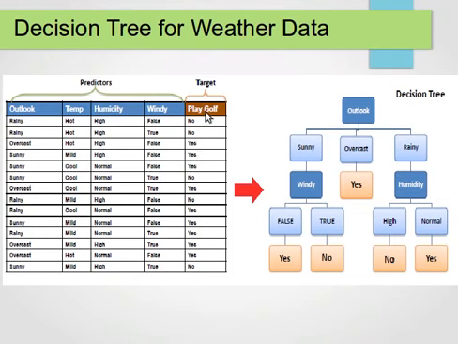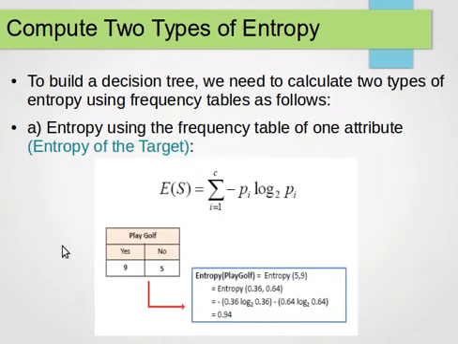Now we compute the entropy of our target, of our class, regardless of the attributes. In the frequency table for the class, for play golf, which is our target, we have 9 yeses and 5 no's. Entropy of play golf is the entropy of 5 and 9, no and yes. The probability of no is 5 over 14, which is 0.36.